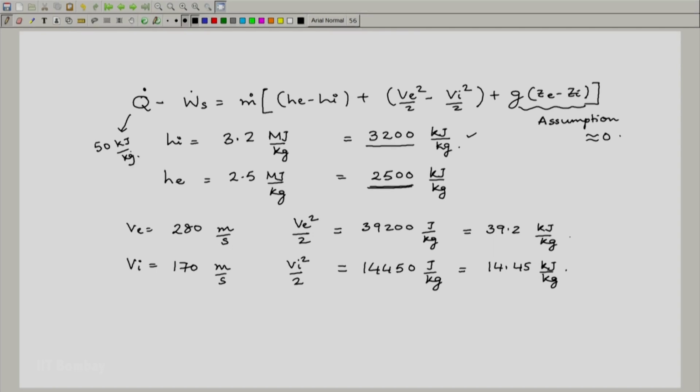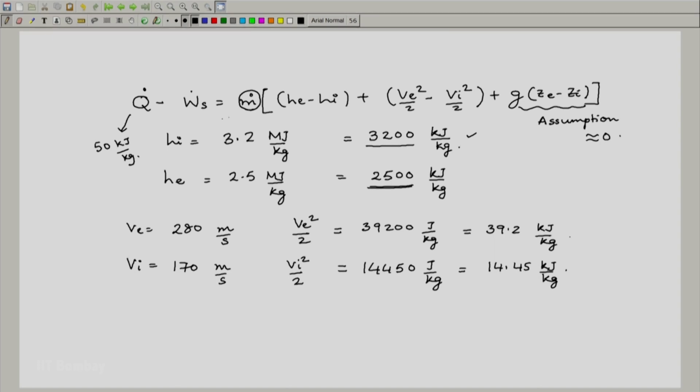If you look at the delta H, which is around 700 kilojoule per kg, you realize that 50 is not a negligible number, and definitely one must consider it. So now we have all the numbers. We do not have m dot, but we have actually been given Q dot by m dot.